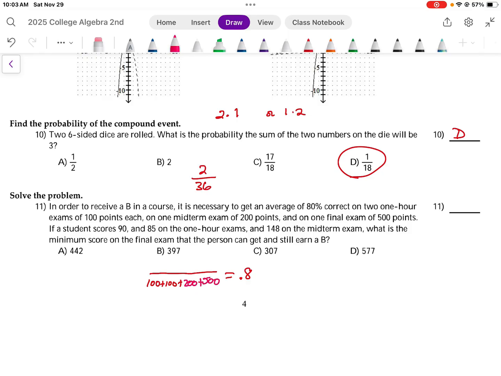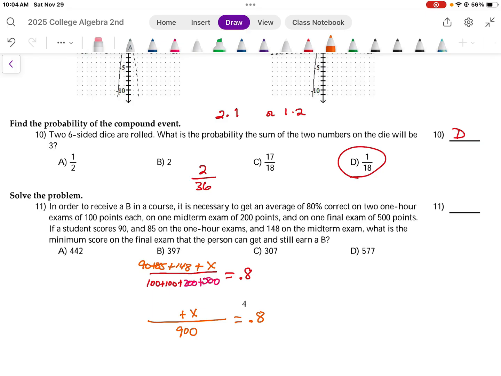Now, what have they earned? They have earned 90 and 85, a 148, and we're not sure what they need to get on the final, so we're going to let that be x. And so as we go to simplify, the top is something plus x, and on the bottom is 900 points. Let's use a calculator to add those three numbers up real quickly.